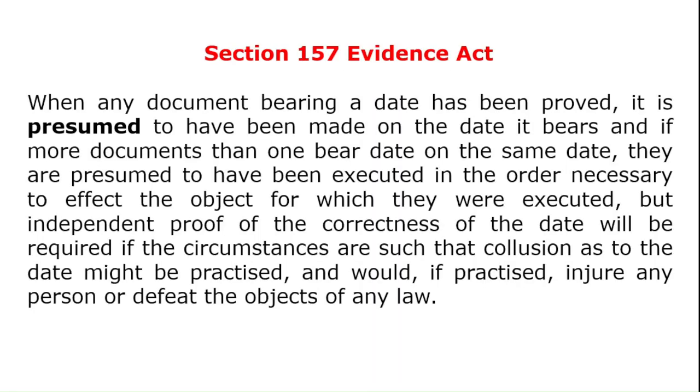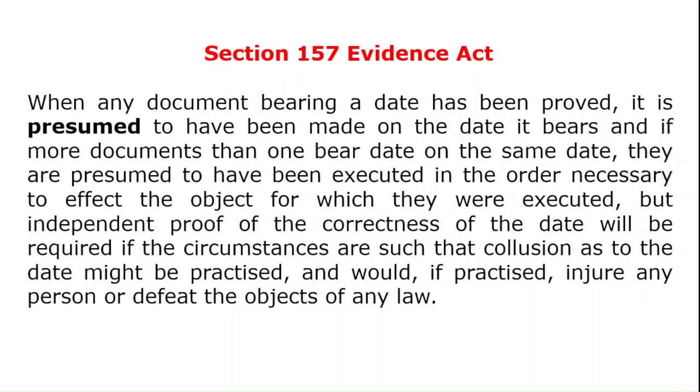It says, when any document bearing a date has been proved, it is presumed, please keep that word, it is presumed to have been made on the date it bears. And if more documents than one bear the same date, they are presumed to have been executed in the order necessary to effect the object for which they were executed.